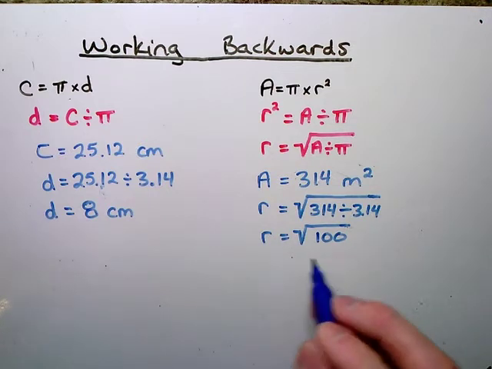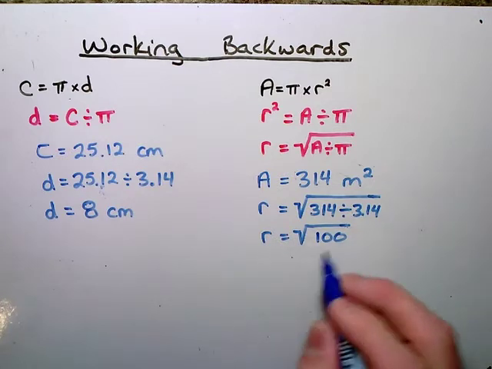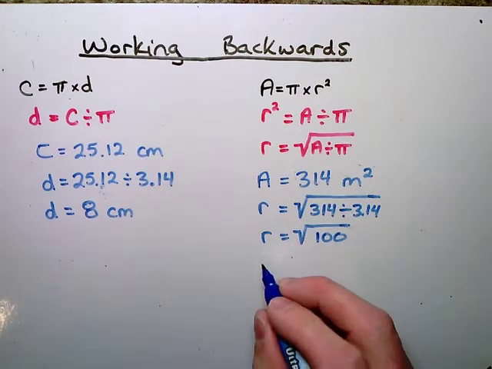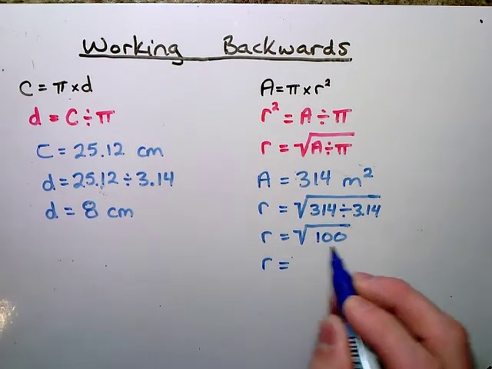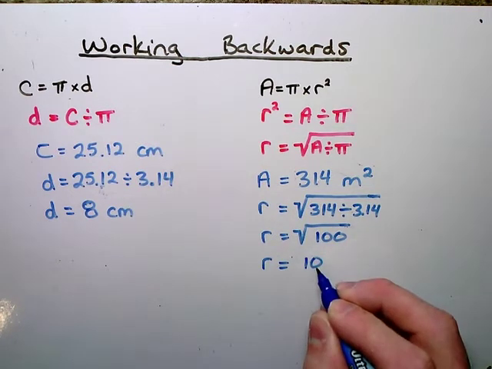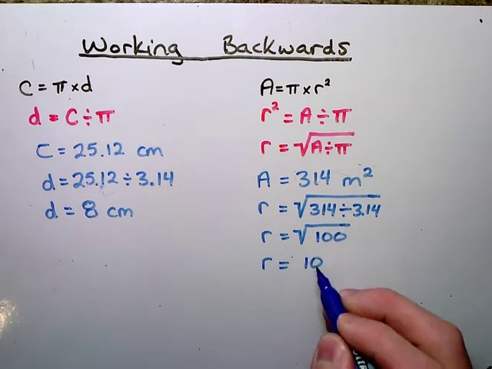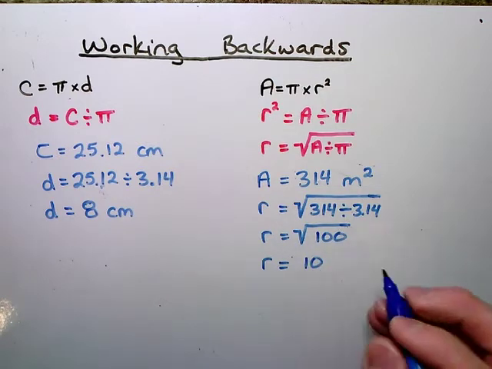So again, the square root of 100 by itself is not an easy measurement for us to understand, but it does give us the measurement if we just finish calculating it. So next, r is going to equal the square root of 100, which is just 10, because 10 times 10 gives us 100, so 10 squared gives us 100, so the square root of 100 is 10.